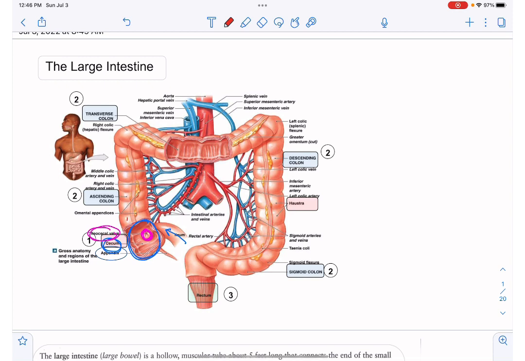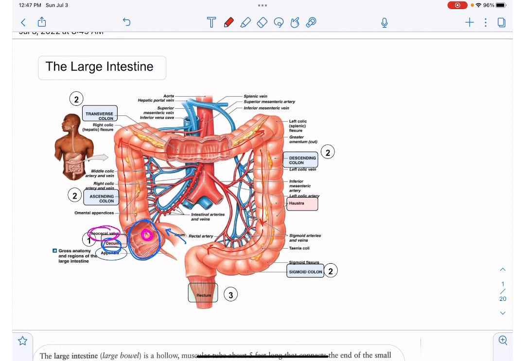We have the ascending colon, the transverse colon, the descending colon, and then lastly the sigmoid colon. The sigmoid colon is kind of S-shaped, and it moves posteriorly back toward the rectum, and that's it. That's the colon.